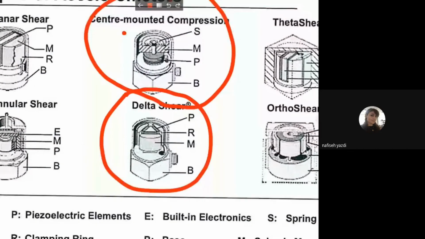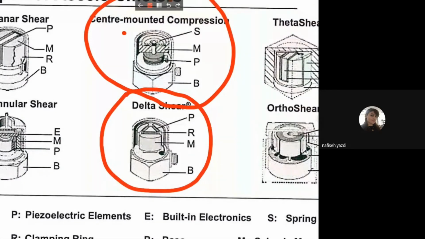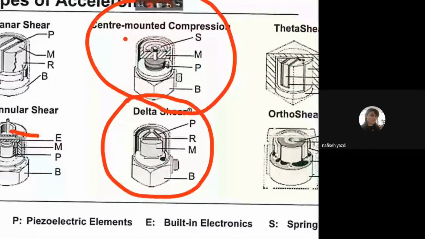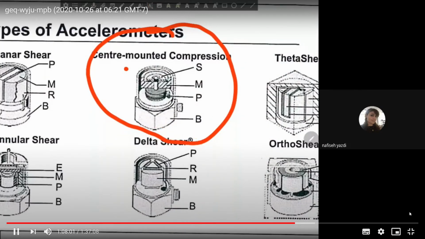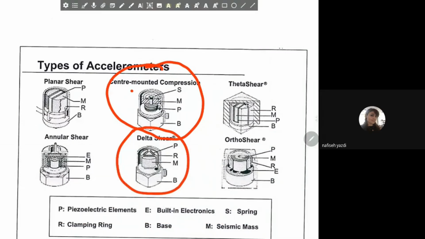And this one is very insensitive to external noise, and this is very, very important. These are the ones that we most use in real life. Then we have the planar shear here that is simpler in the configuration and the manufacturing than the delta shear one.